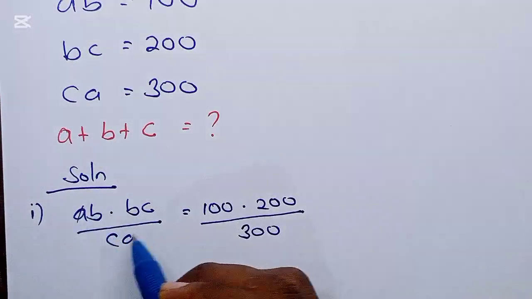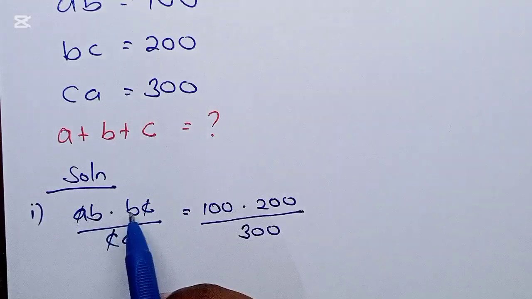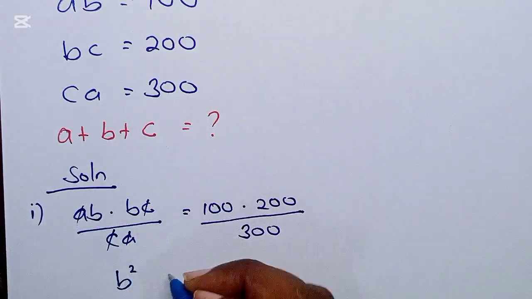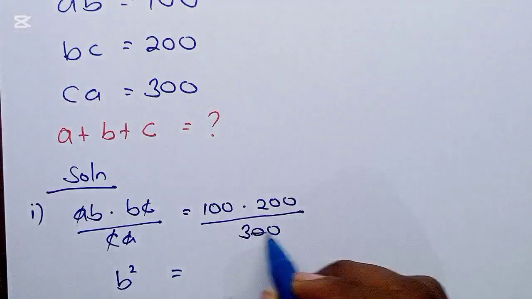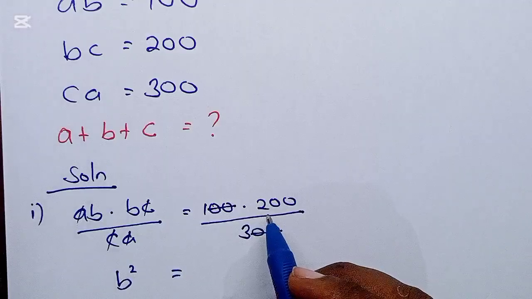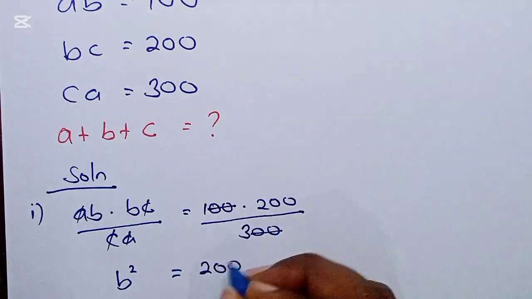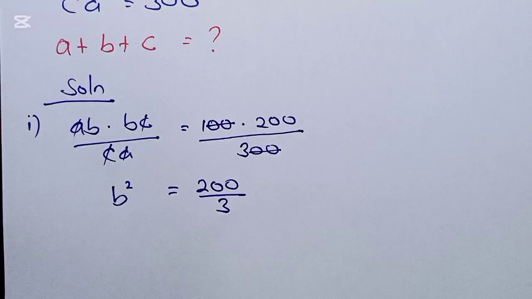So this A cancels with this A, this C cancels with this C. So you're left with just B times B, which is B squared. This is equal to, these two zeros cancel with this, so we have 200 over 3 for B squared.